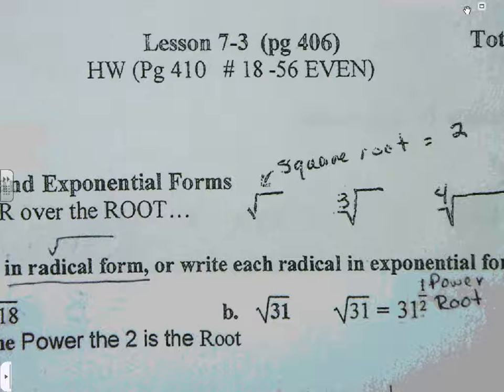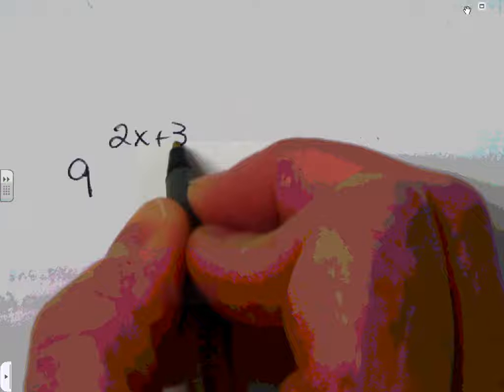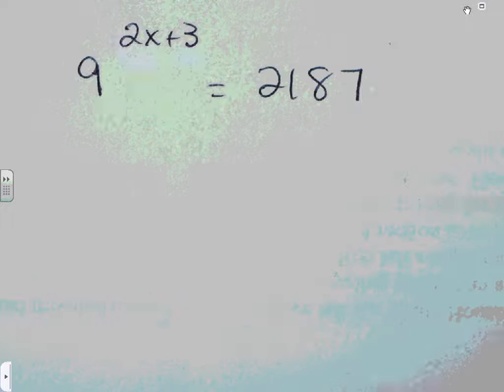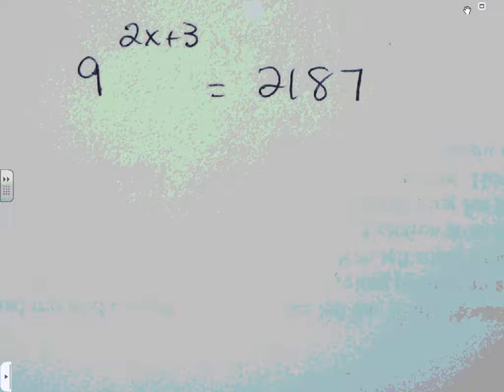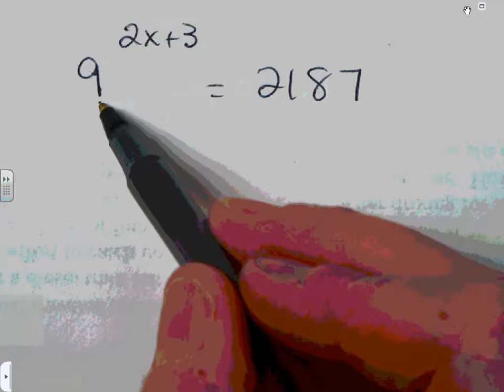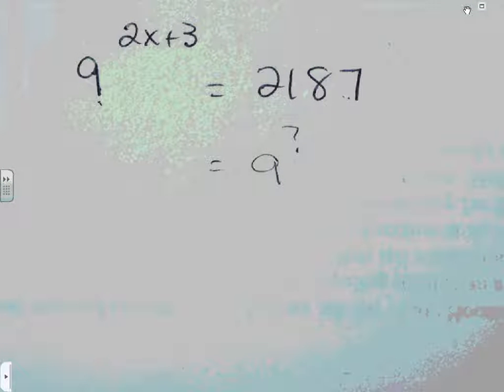Look at number 54. Somebody real quick, see if 9 caret something, because I'm assuming the base could be 9, since it's there. 9 caret something, can you get a 2187?